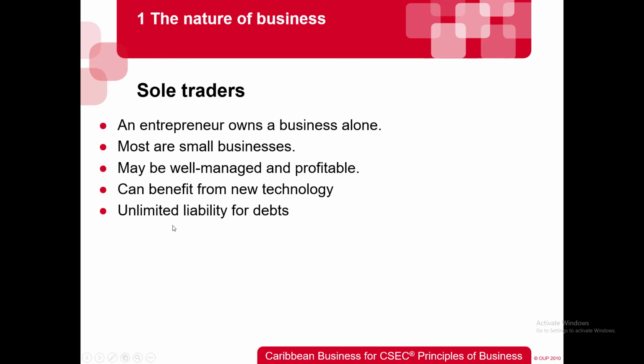They're going to do whatever it takes to get back the money, within the law, of course. Nothing illegal here. Everything within the law to get back what you owe them. That's if your business fails, so it's in your best interest for the business not to fail, of course. So those are some of the key characteristics of the sole trader or sole proprietor business.